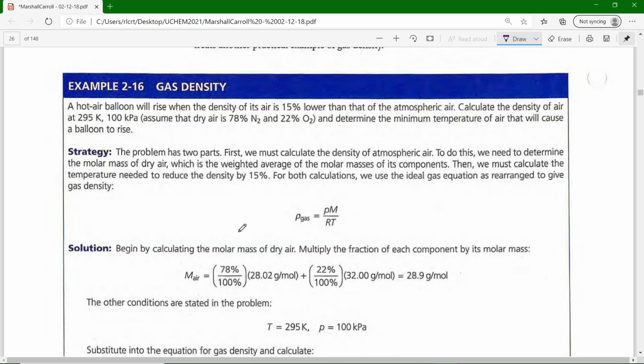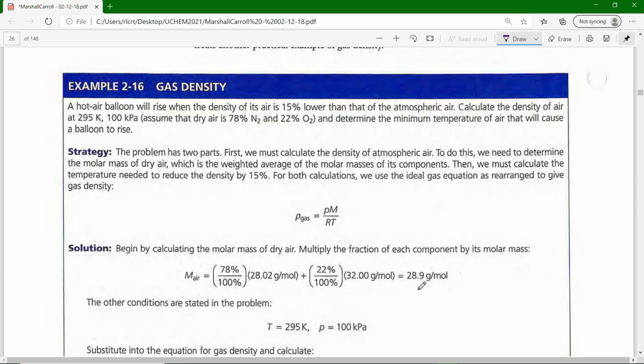First, we have to calculate the density of atmospheric air. So the molar mass of dry air, well, okay, these are mass percents. So it's 78% by mass of nitrogen and 22% by mass of oxygen. I know there's some other smaller amounts, but we're neglecting that.